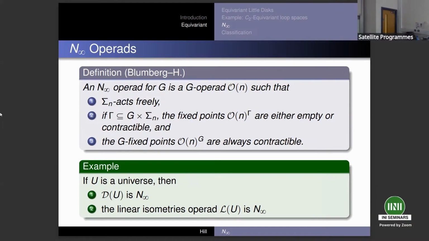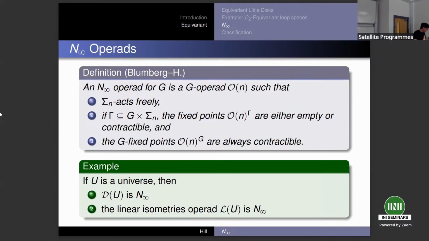So the collection of things for which the fixed points is non-empty, or in this case is contractible, is some family of subgroups that sits inside G cross sigma n. And I'm insisting in the third point that G itself always sits inside that family.